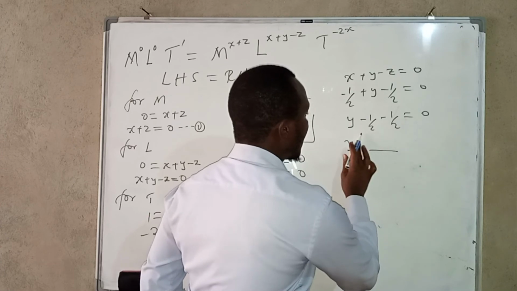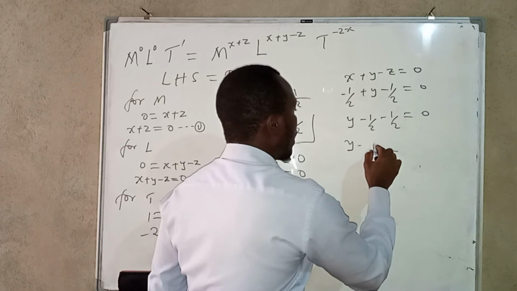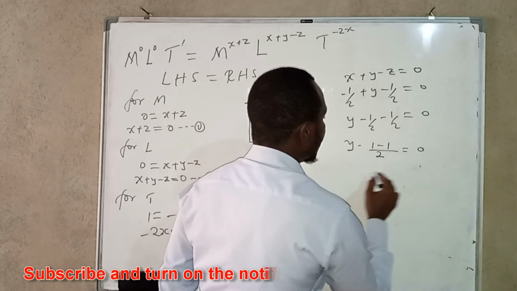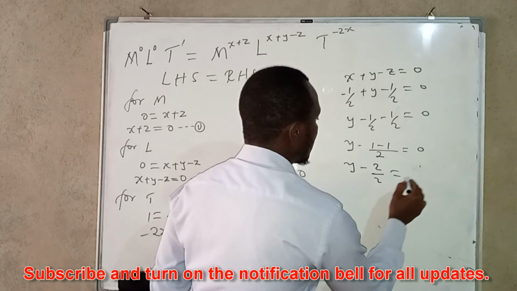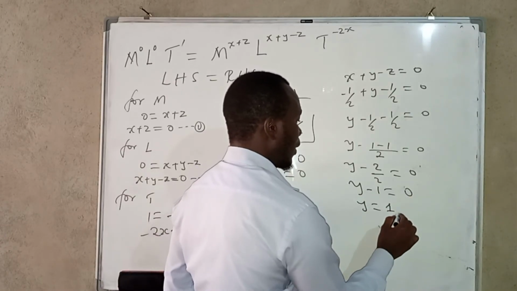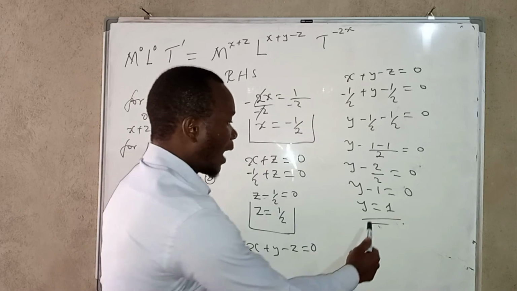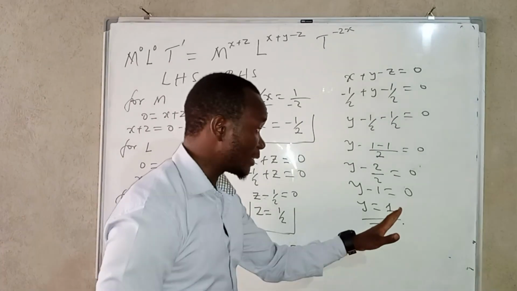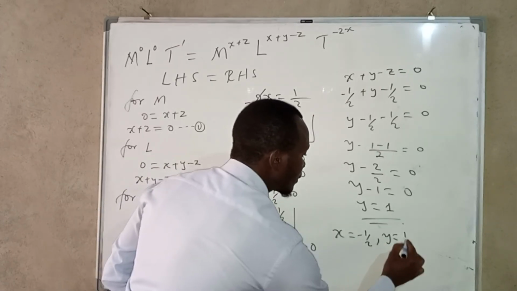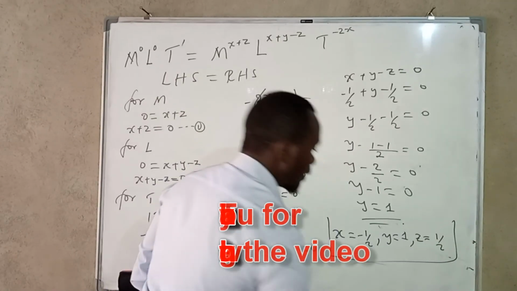The common denominator here is 2. So 2 over 2 is 1. So Y minus 1 is equal to 0. So Y is equal to 1. So X is equal to negative 1 over 2, Y is equal to 1, Z is equal to half. So these are the values for X, Y, and Z.